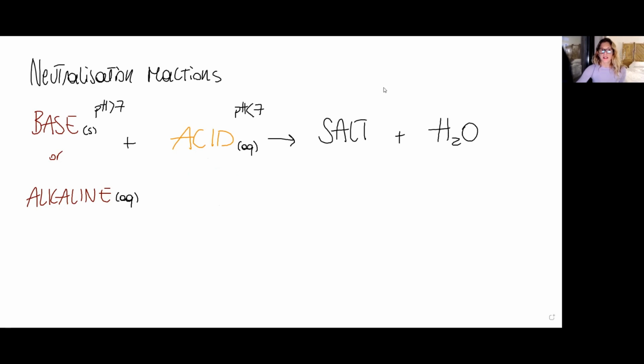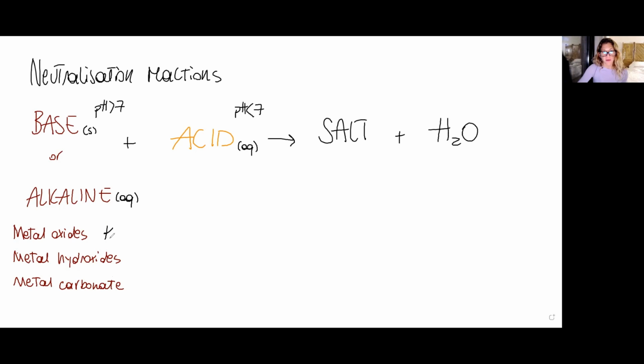Let's look at what are bases and what are alkalines. Examples to know: bases are metal oxides, metal hydroxides, metal carbonates. To write the formula of an oxide, it's just the metal bonded with oxygen.